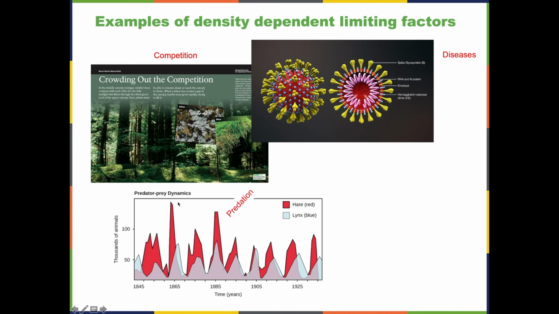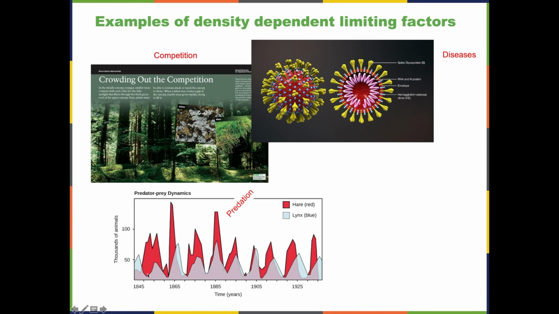Then it's predation, and predation, interestingly, can sometimes regulate the population density, population size of both the prey and predators. If you look here, there are thousands of animals on the y-axis, and as time goes by in years, the red shows the population of hare, which is the prey, and lynx, which is the predator.